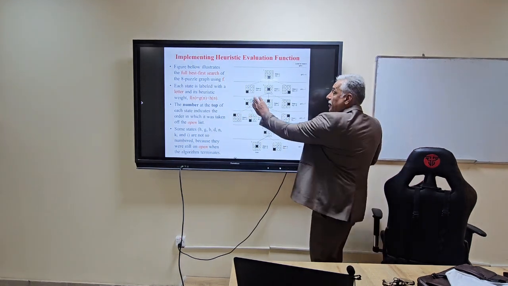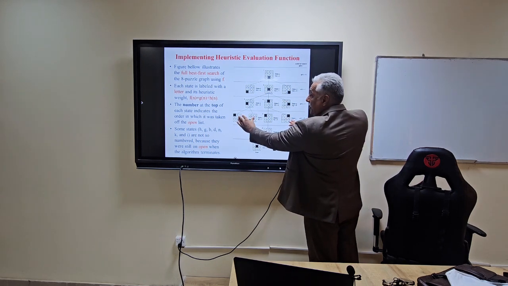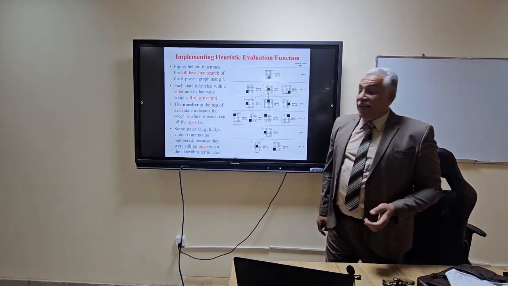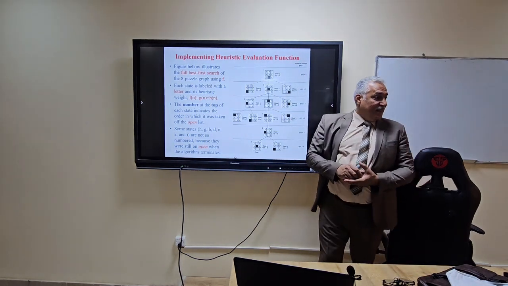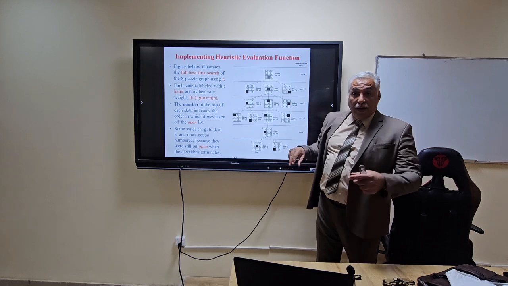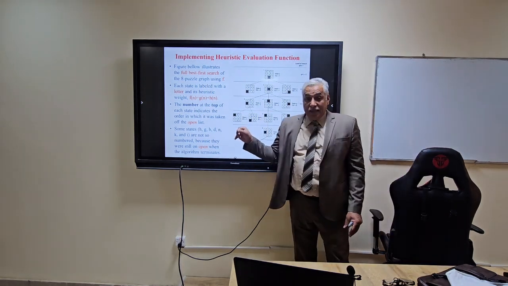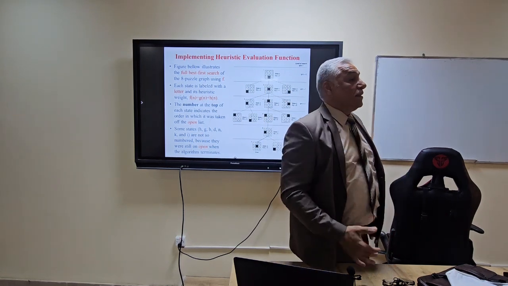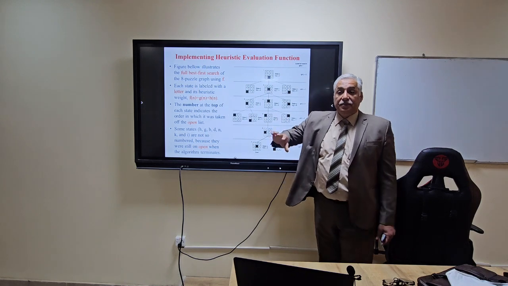For example, this node, this node, this node: there is no number, but they are still in the open list. These nodes are found in the open list, which means they are not visited yet, and they will be kept in the open.